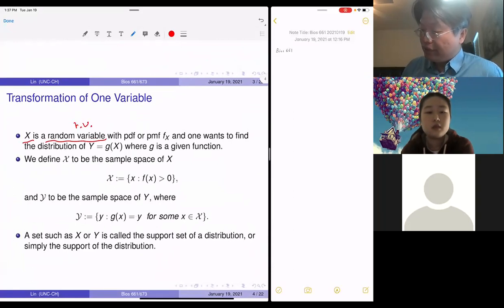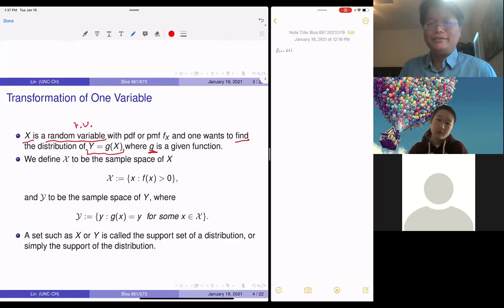And then if we want to find the distribution of Y = g(X), g is a given function. If you're confused by g being a given function, then you need to talk to me, so I know what your background is. Otherwise, sometimes I talk assuming you understand. If you feel, well, what does it mean that g is a given function, then you have trouble, and you need to talk to me.